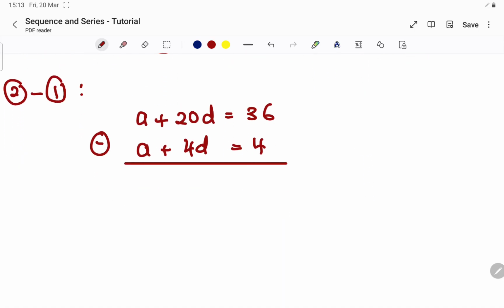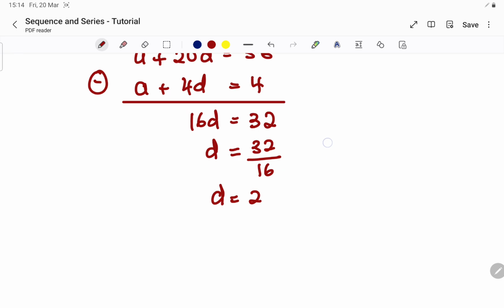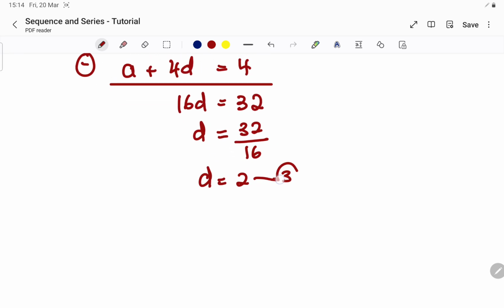Okay, A minus A, 0. 20D minus 4D, you're going to get 16D equal to 36 minus 4, you're going to get equal to 32. Now you just have to find D, where you bring 16 to the right side, you're going to get 32 divided by 16. So D is equal to 2. So this is your D, which I consider as the third equation now that you have output value.